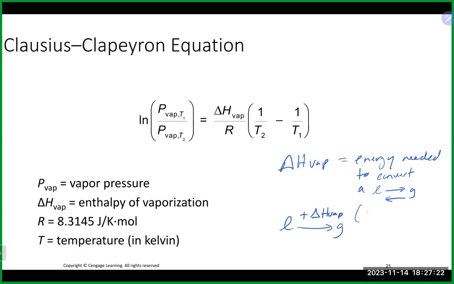For example, for water, it's roughly 40.7 kilojoules per mole, give or take. And as we go from gas back to liquid, it's an exothermic process, which means it will be a negative value here. Once again, when you have a positive value for energy, that usually implies that it's an endothermic process, heat and energy being absorbed.